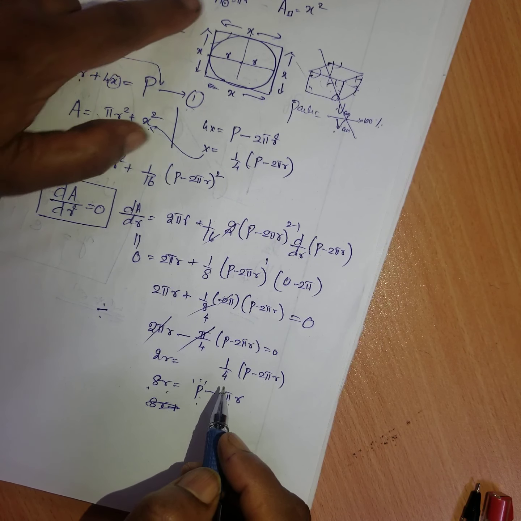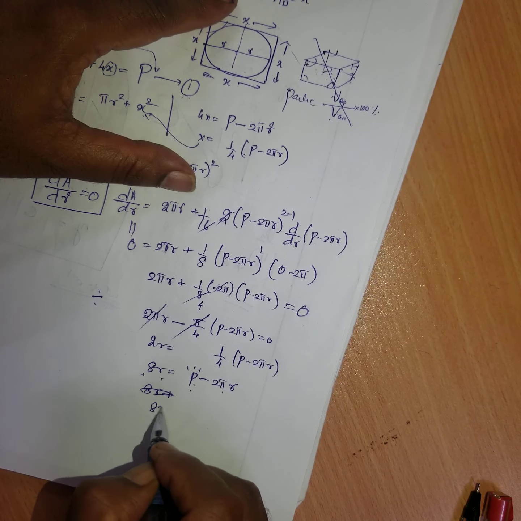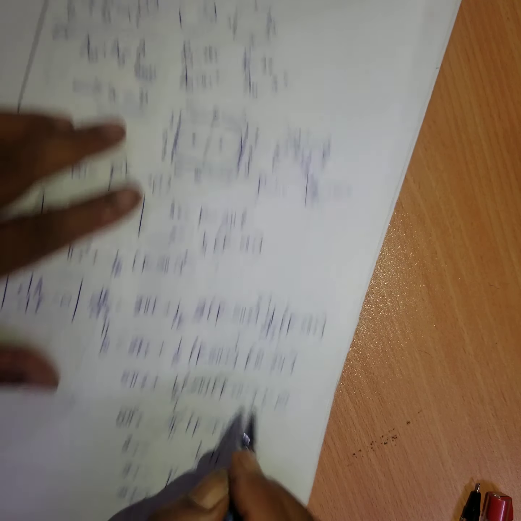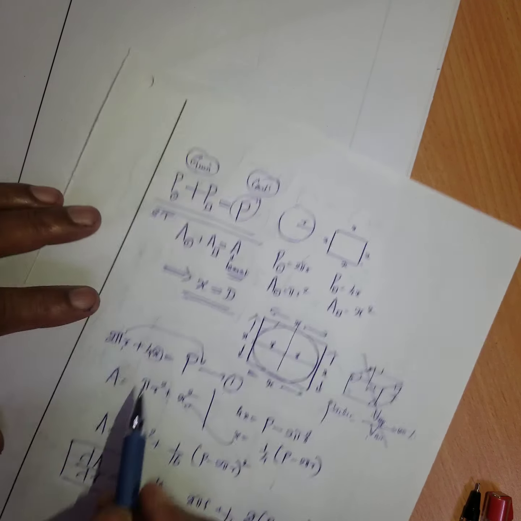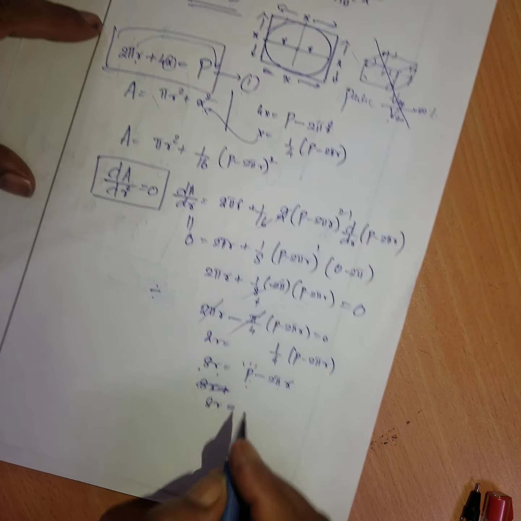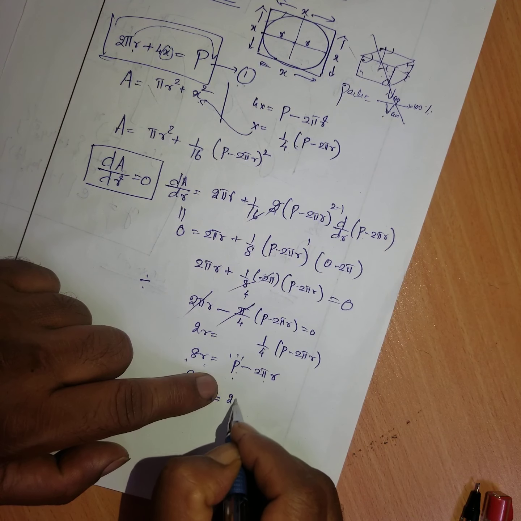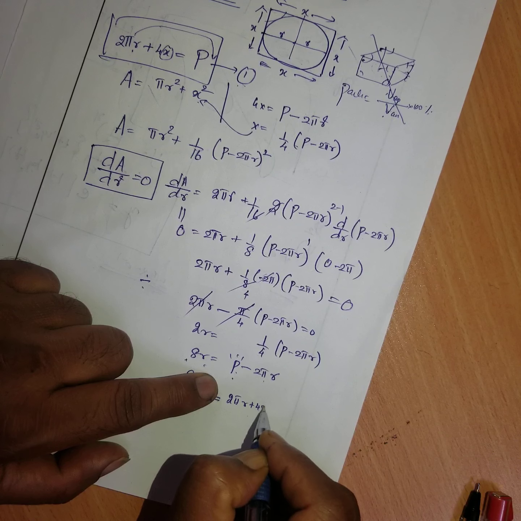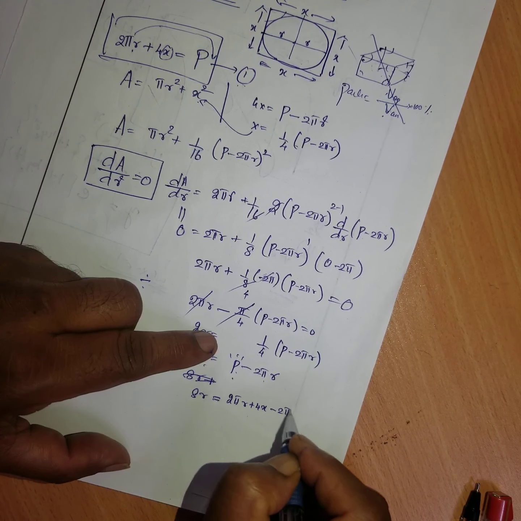P is equal to 2 pi r plus 4x. So 8r is equal to, but what is p? P is equal to 2 pi r plus 4x minus 2 pi r.